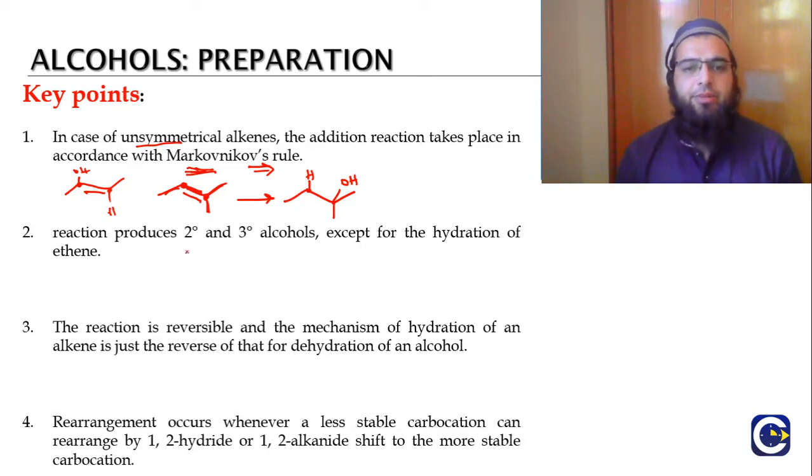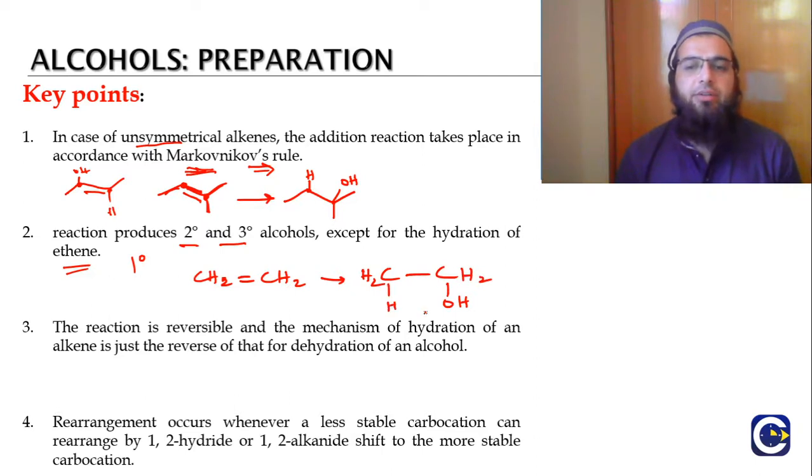In this reaction we get 2 degree and 3 degree alcohols for all the alkenes except for ethene. Ethene produces the primary alcohol. The rest of the alkenes will be producing 2 degree or 3 degree alcohols.